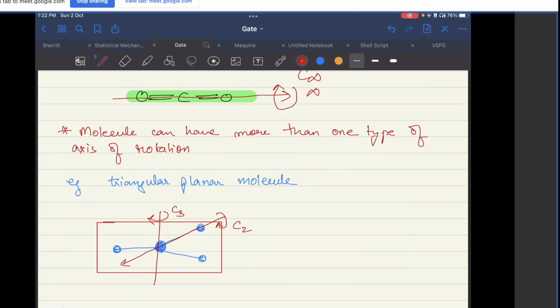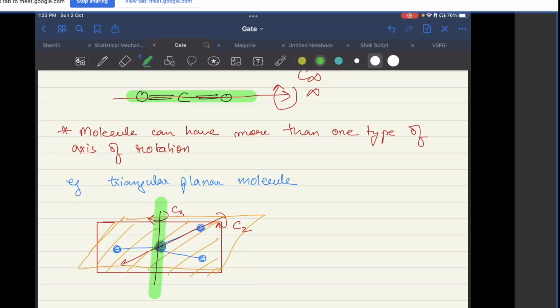So for example, you can see that this is a triangular planar molecule. Let's say this is a plane, just imagine it as a horizontal plane, and the molecule lying on the plane horizontally, and you can see that there are two axes of rotation I have drawn. One axis of rotation is here, this is the C3.